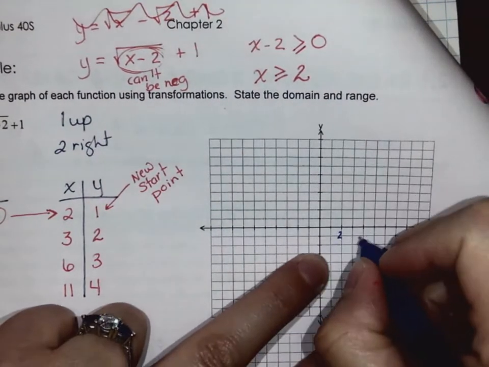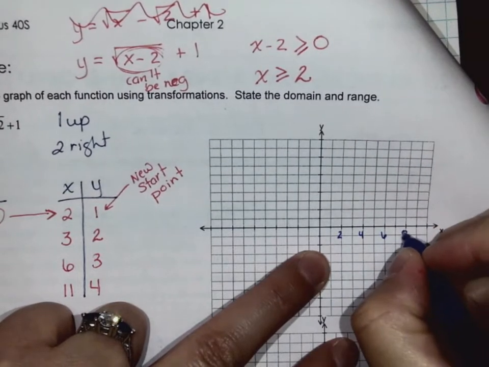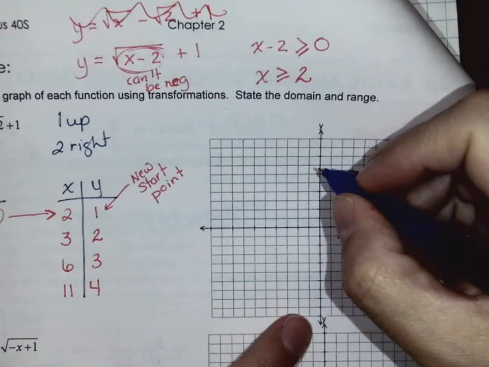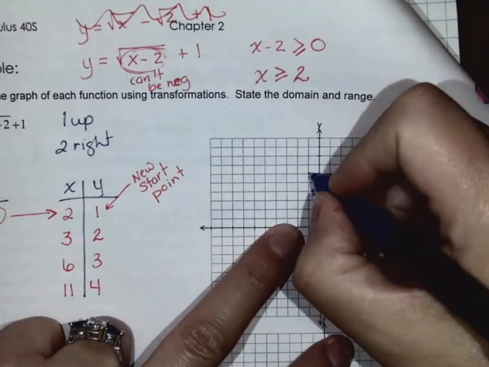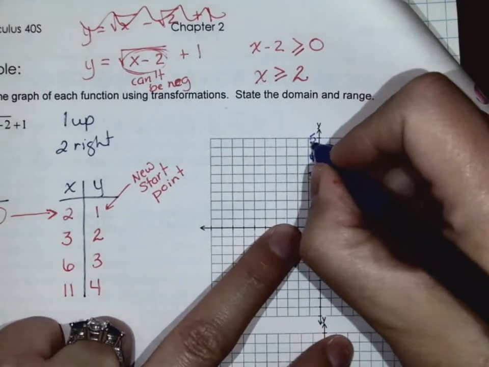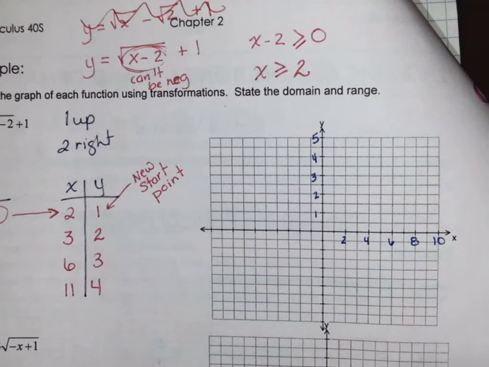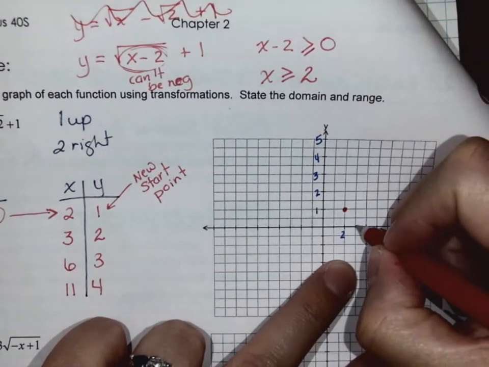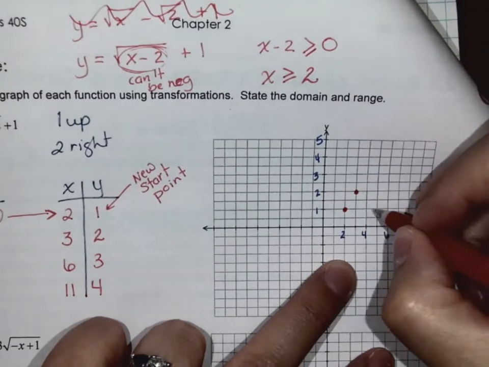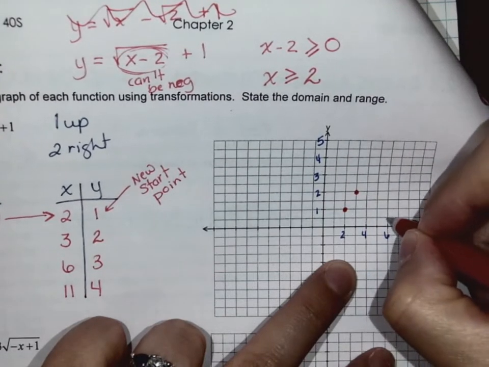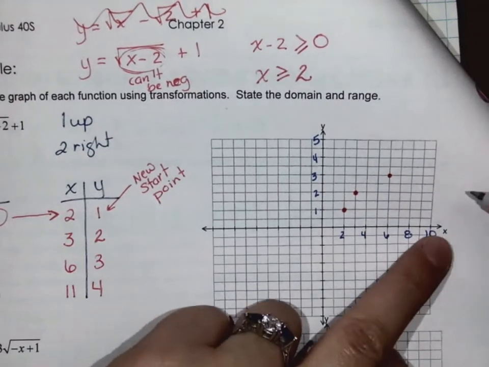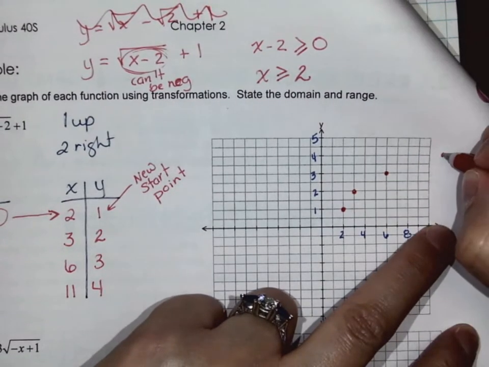What do I need on here? 2, 4, 6, 8. Oh, geez, I didn't get my 11 in. So my graph is going to start at 2 and 1. I'll do that one out there.